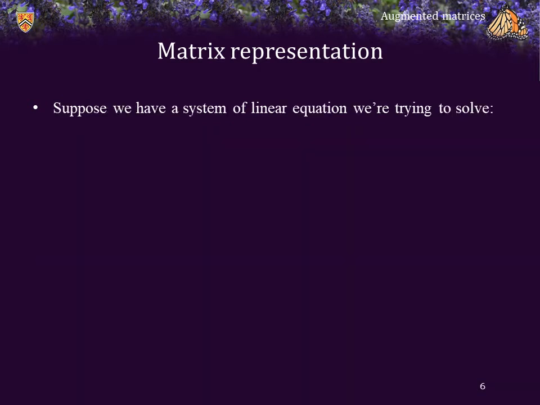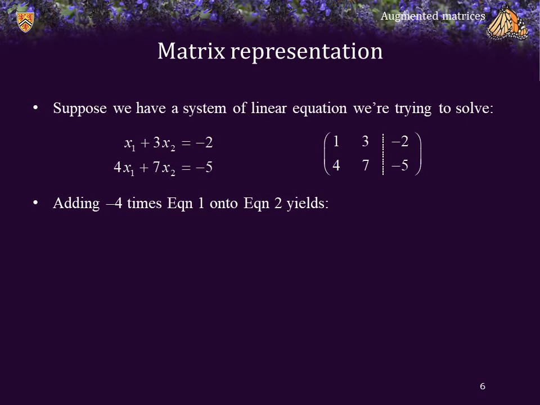For example, let's suppose we have a system of linear equations we're trying to solve. Here's one such system. Now, we could write this system as an augmented matrix. All right. Now, if we are actually going to go back to this system of linear equations and solve it, we would now add -4 times equation 1 onto equation 2.